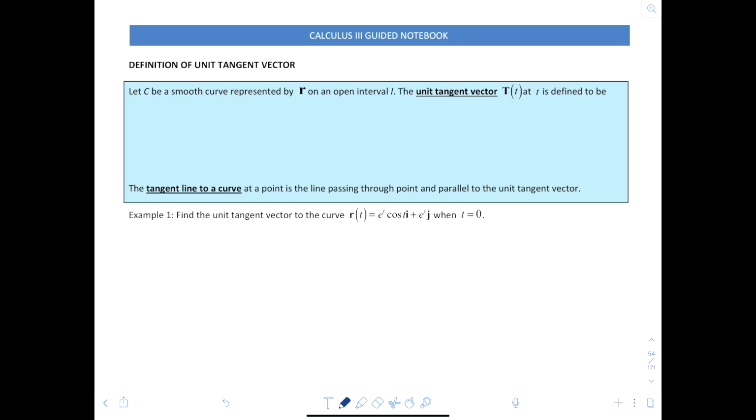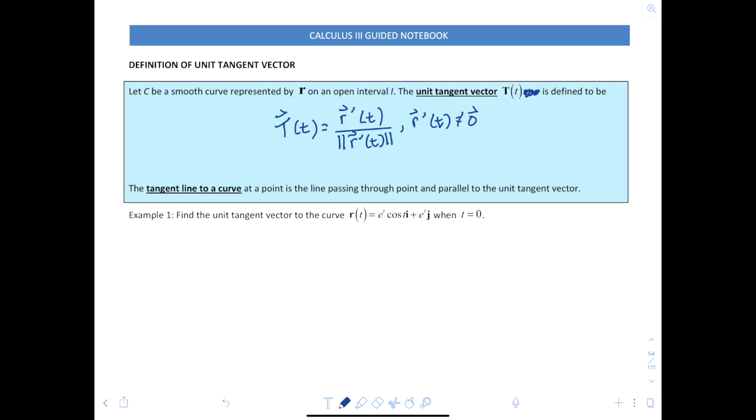Let C be a smooth curve represented by the vector r on an open interval I. The unit tangent vector T at t is defined to be T at t equals r prime at t over the magnitude of r prime at t, where r prime at t is not equal to the zero vector.